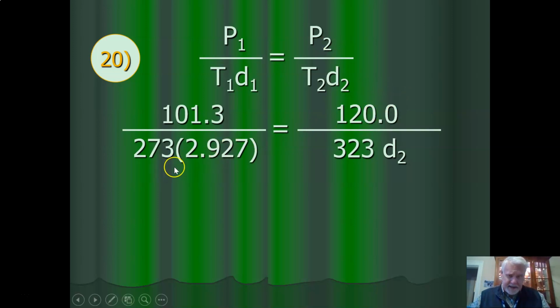Take the ones on those dimensions right there. So I'll just punch this in for you here. 273 times 2.927 times 120. And then I always hit the enter key just to be on the safe side.